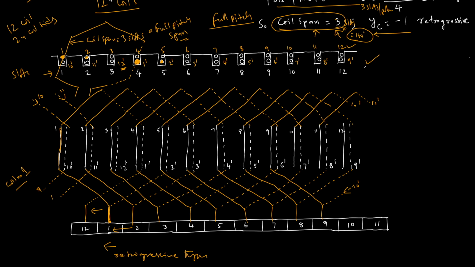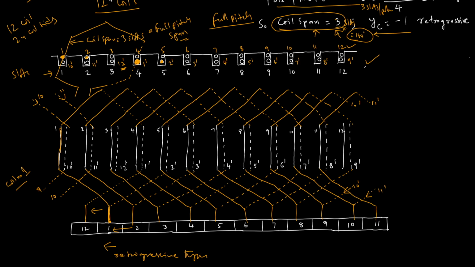So 10 is here, coming from 11 dash. And finally 11 should be connected to 10. I have not drawn this one. 10 should be connected to 10 like this, and 11 should be connected to 11 like this.